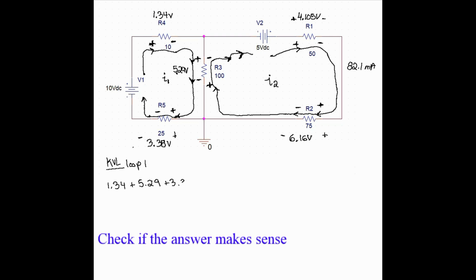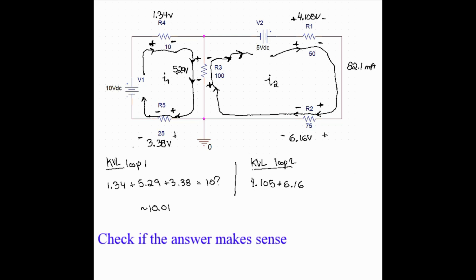Let's find out. Here in the first loop, we have 1.34 volts plus 5.29 plus 3.38. Does it equal 10? It's roughly 10, about 10.01. So it's close enough. If we had decided to use less rounding and add more decimal places to our calculations, it would have been that much closer to 10 volts.